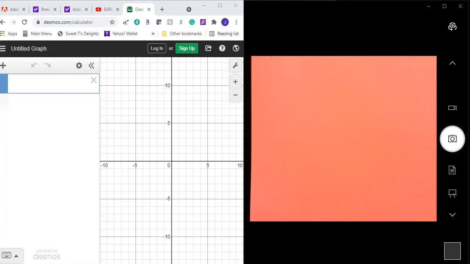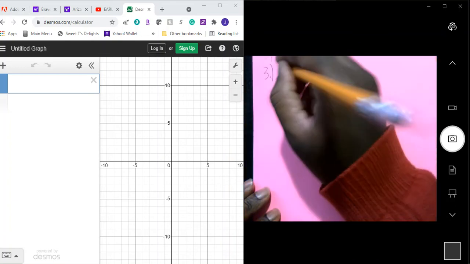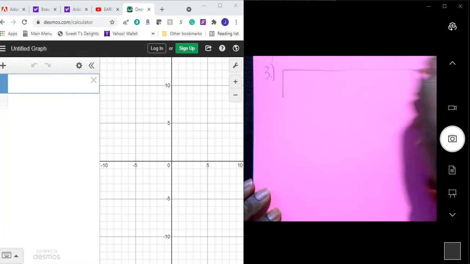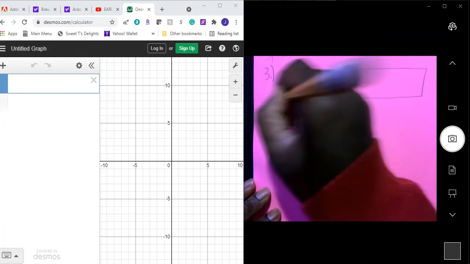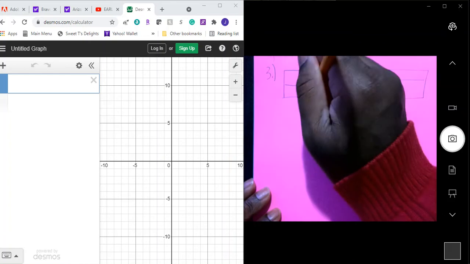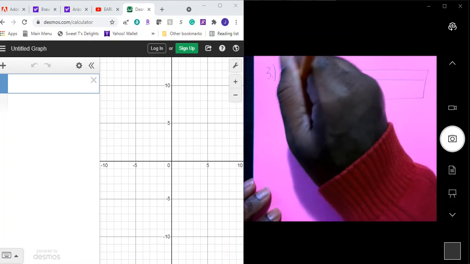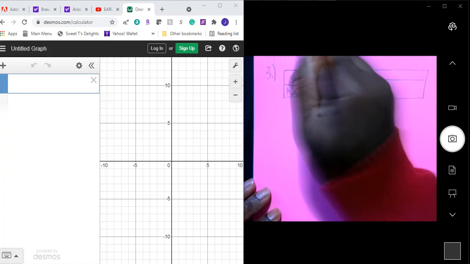Okay, so what we need to do, and let me draw this table here. We have the year, and I'm just going to put amount because this is in your textbook.